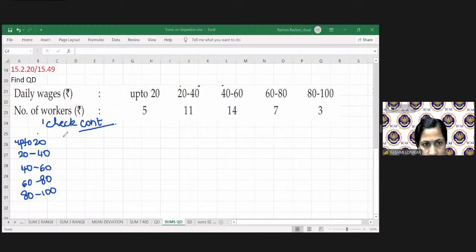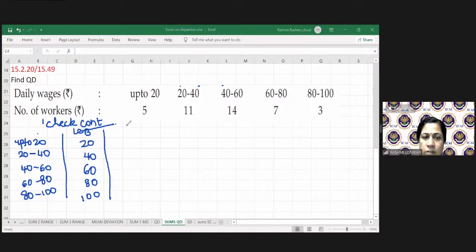Okay, so what is the next step? I will write the lower class boundaries. The lower class boundary here is 20, then 40, then 60, 80 and 100.